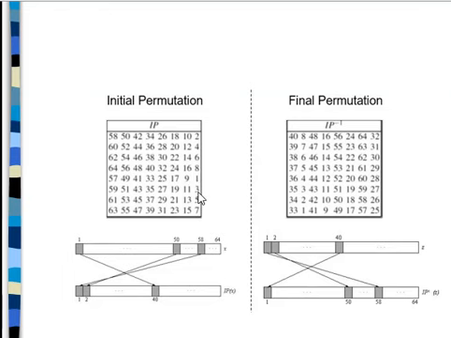For the final permutation, or IP power -1 in the last stage, as you have seen in the previous slide, you need to do the inverse method. What does it mean?